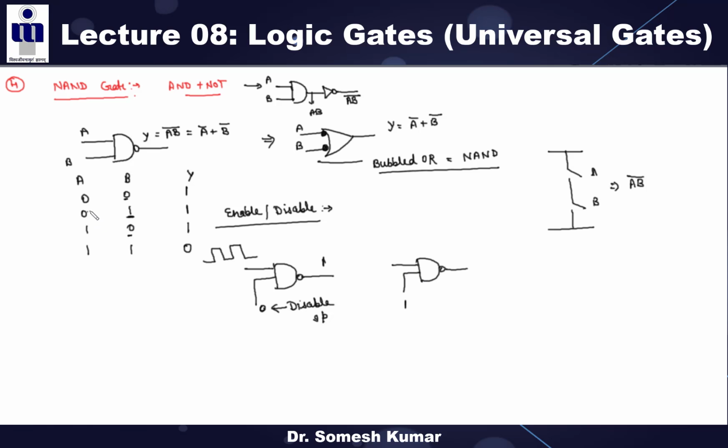If it is 0 it becomes 1, and if it is 1 it becomes 0. So it is the complement of the other input, right? So we can say 1 is also your enable input, but in that case it behaves as the NOT gate.